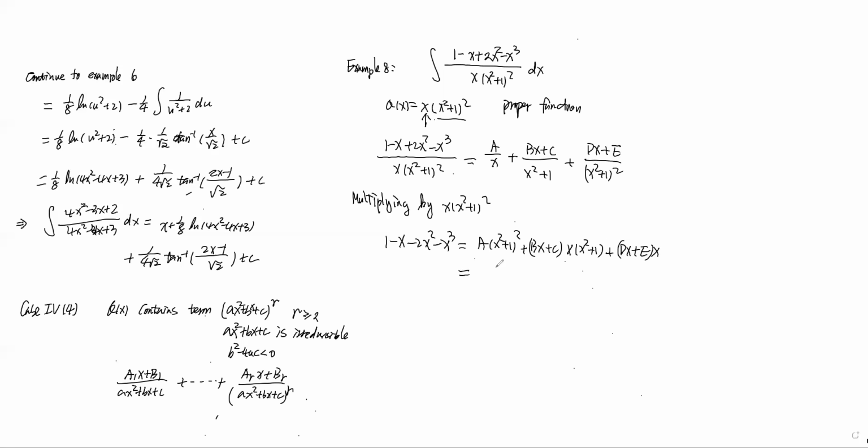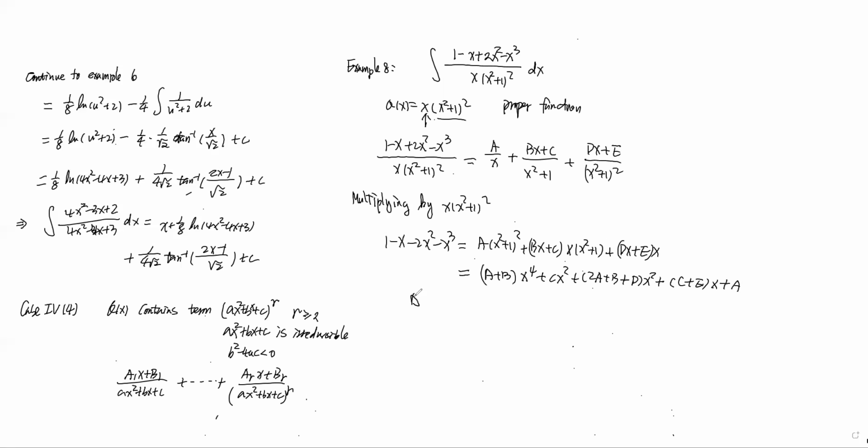We try to simplify the right-hand side. This is (A plus B)x to the power 4 plus Cx cubed plus (2A plus B plus D)x squared plus (C plus E)x plus A.